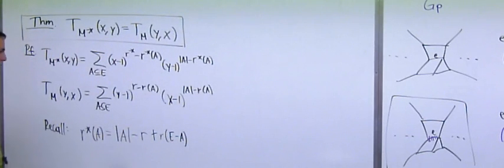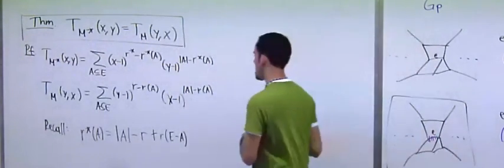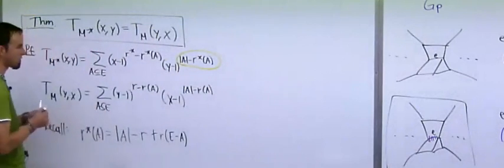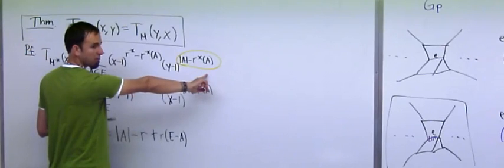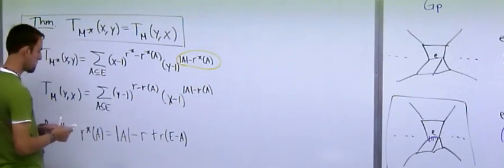Now, I'm trying to identify this term over here. And this looks to be exactly the right formula. I want size of A minus co-rank of A. Well, here I have size of A minus co-rank of A.